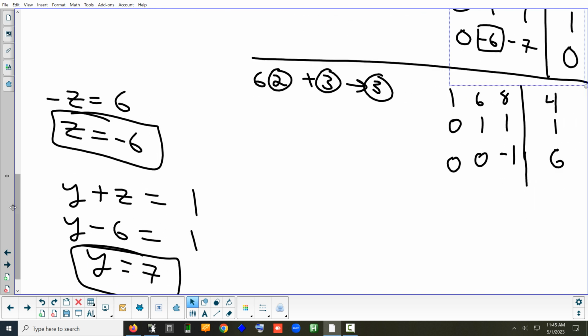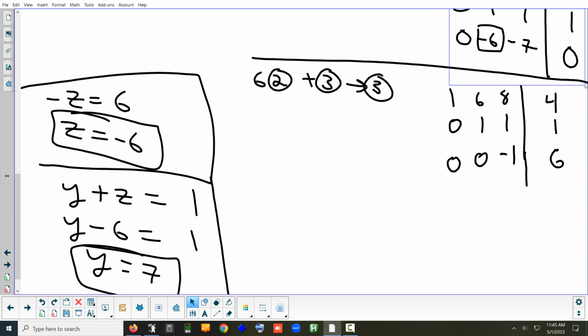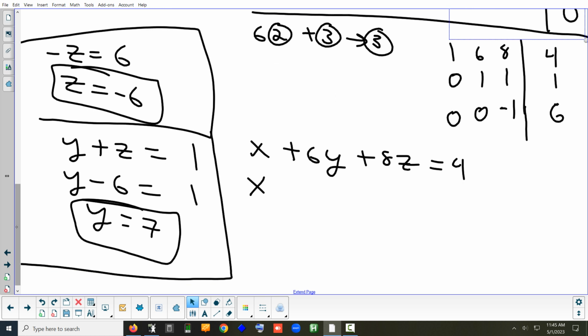And now go back up to the top row. What does the top row tell me as an equation? So x plus 6y plus 8z equals 4. X we don't know. What's 6 times y? 42. 8 times z? -48.